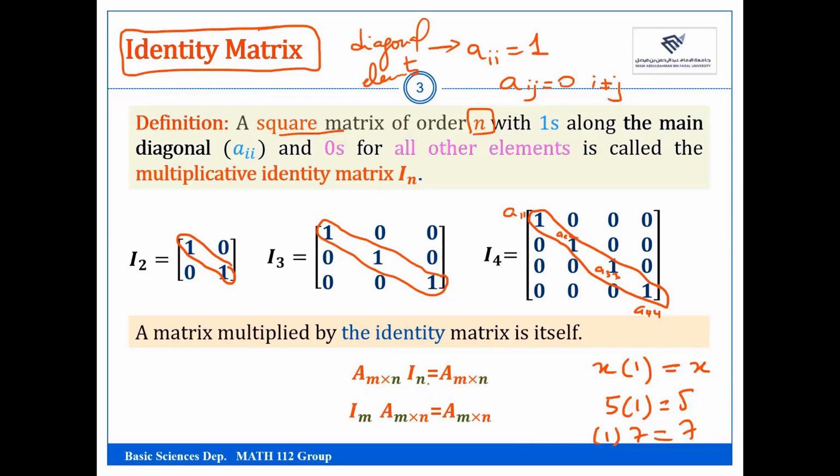Of course, to be able to multiply, the order must match. So the number of columns of I here must equal the number of rows of A, and here the number of columns of A must equal the number of rows of I. Then, when the multiplication is defined, multiplying any matrix by the identity, to the left or to the right, gives us the matrix itself.